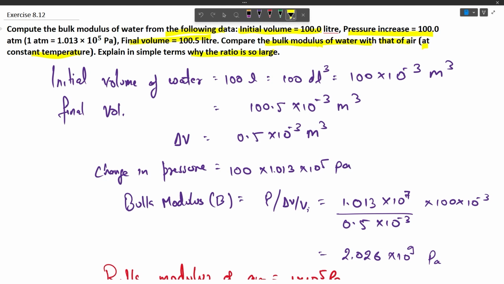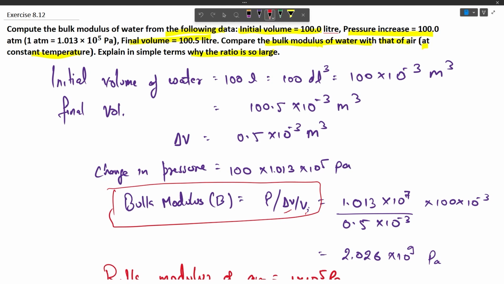Now we know by definition the bulk modulus is defined as the pressure over the fractional change in volume, and for fractional change in volume we have been given initial and final volume. So delta V is known, initial volume is also known, and the pressure is also known, that is of 100 atmospheric pressure.